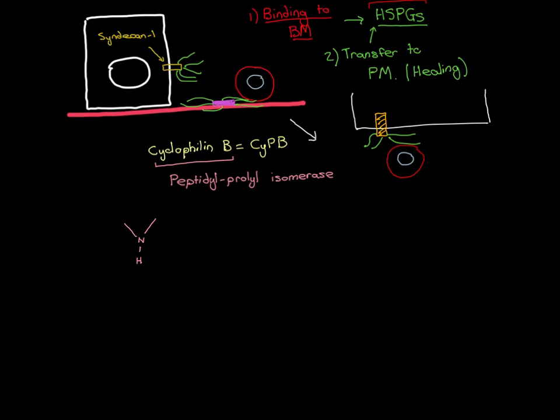This would be where the amino acid in front of it is linked by a peptide link, but I'm not going to bother drawing that amino acid. Then we have the alpha carbon here with some R group, which I'm labeling R1. Then we come down to the carbonyl group, which will be amide linked to the next amino acid along. This is the peptide link that we've got here.